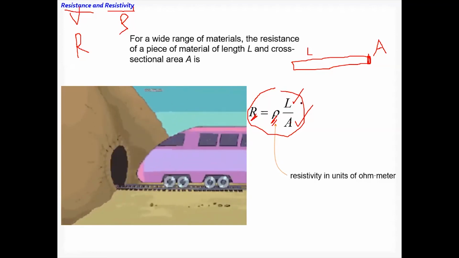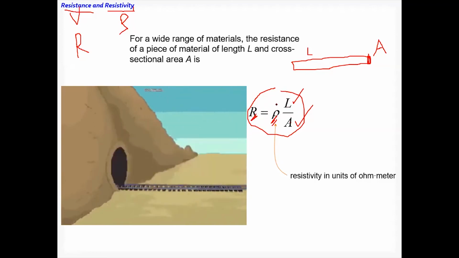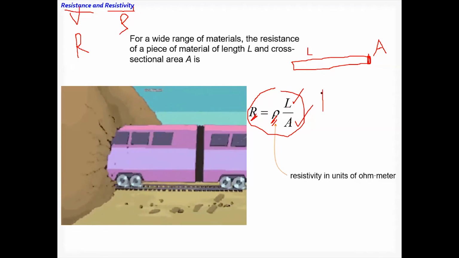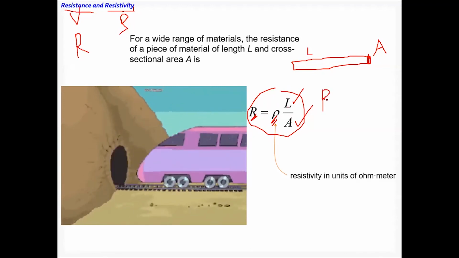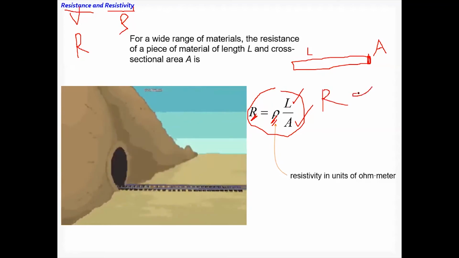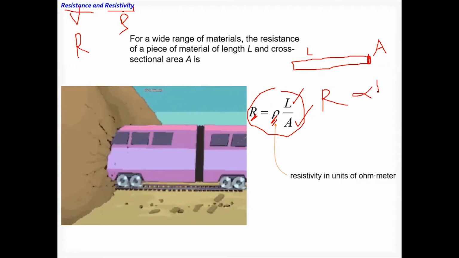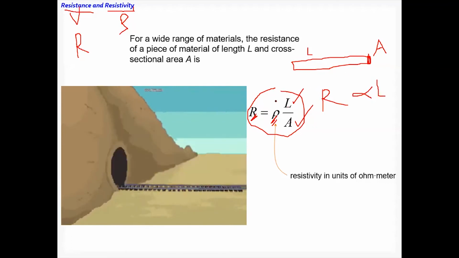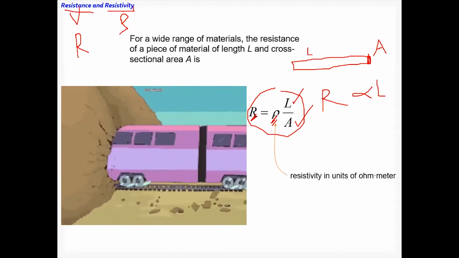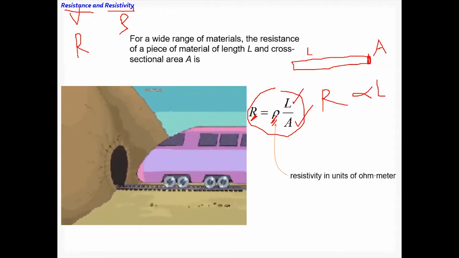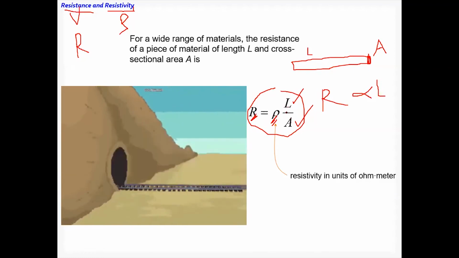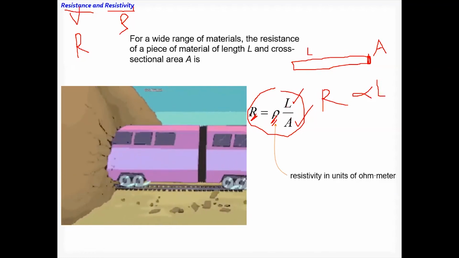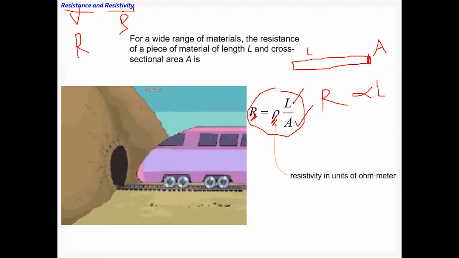Does it make sense? What this is telling me is the resistance increases as L increases. That's what it says. See, R equals rho times L over A, meaning L and R are directly proportional, right? Directly related like this.